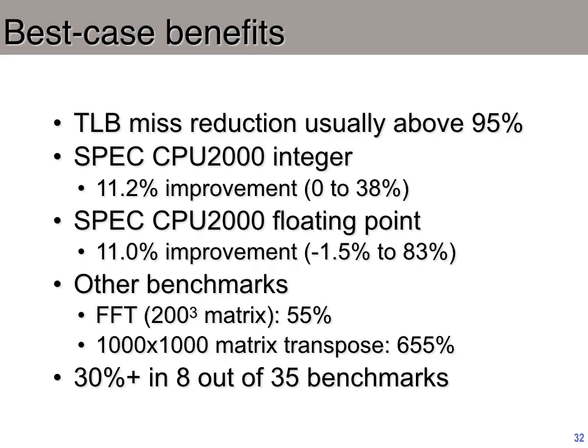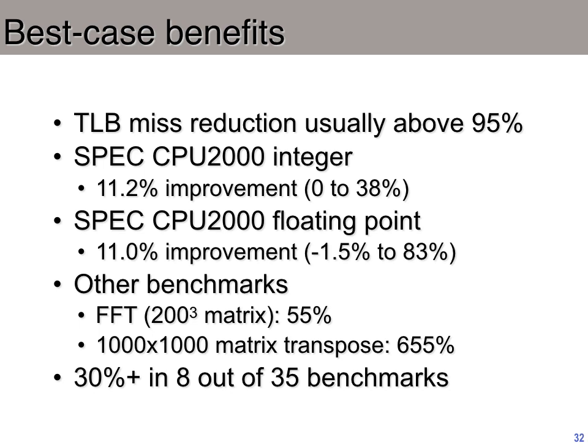So here's a summary of all the performance improvements they saw. If you just look at TLB miss reduction, they generally observe that 95% or more of TLB misses are avoided. But reduction in TLB misses doesn't automatically translate into a speedup for the application.